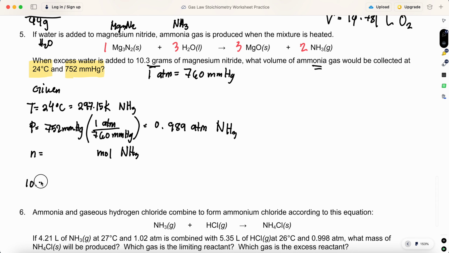So we have 10.3 grams of magnesium nitride, Mg3N2, and its molar mass, 1 mole of Mg3N2 has 109 grams of Mg3N2.